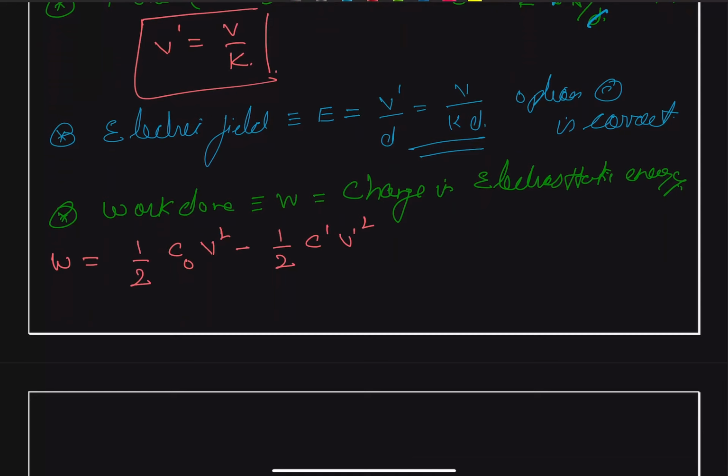And we can just substitute the values. We get half C naught, which we already know is epsilon naught A upon d, V square, minus half C prime, which we also know is K epsilon naught A upon d, and V prime is V upon K, and this is whole squared.